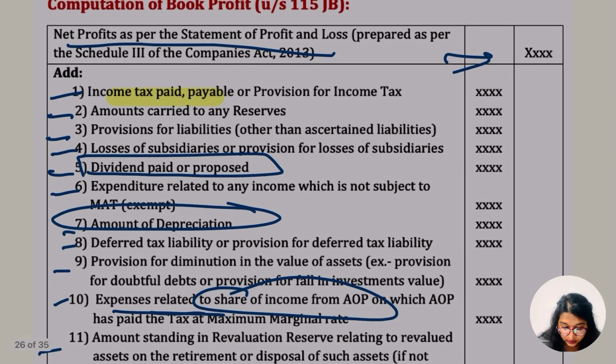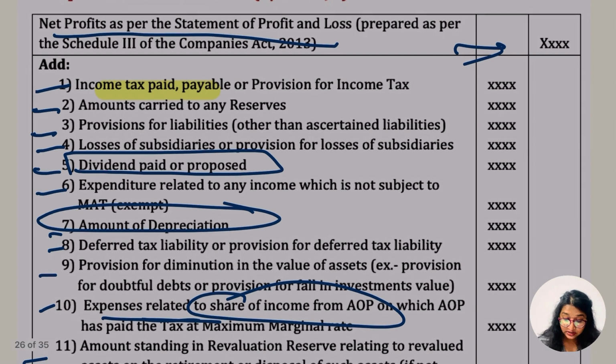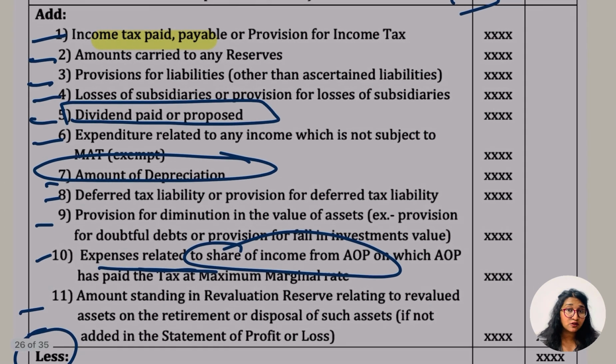Then later on, losses of subsidiary or the provision for losses of subsidiary, dividend paid or proposed, but in case of expenditure incurred for dividend, it is not going to be added back.